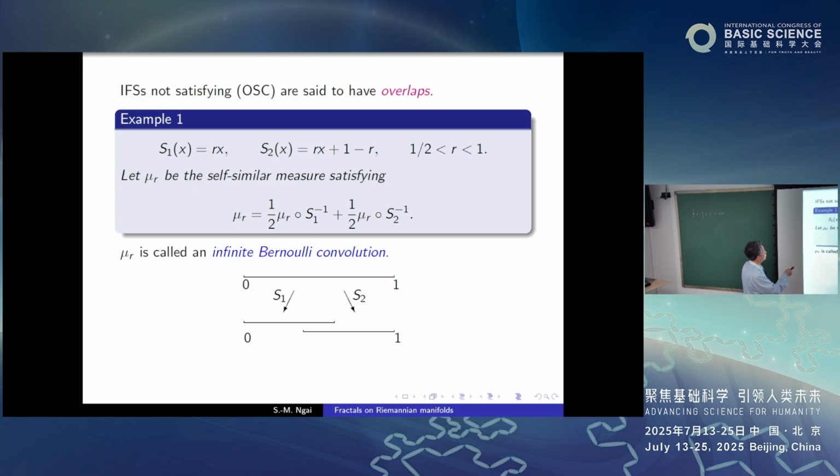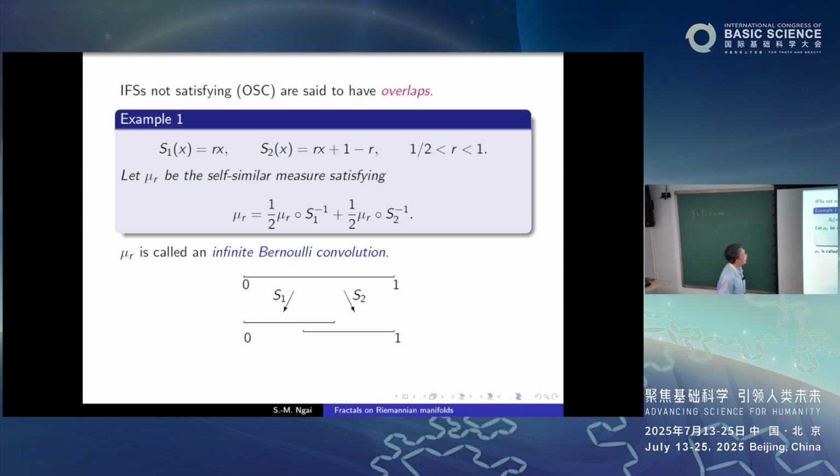R is the contraction ratio. S1 just contracts by a factor R, and S2 contracts and then translates. Let's assume that the contraction ratio is between 1/2 and 1.